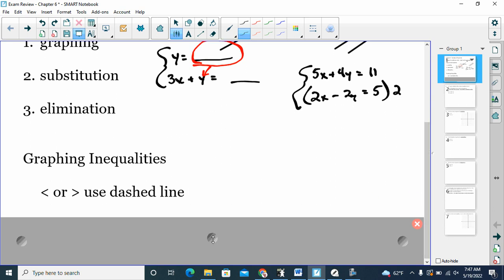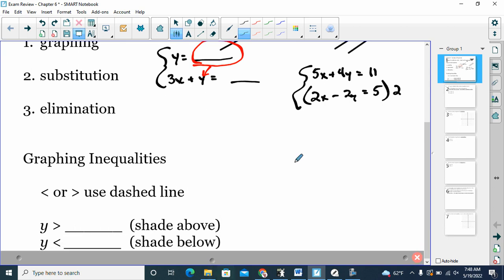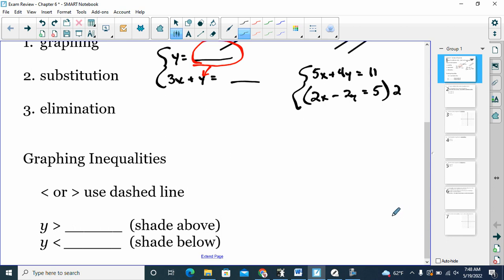And then we also need to figure out which way to shade. If it says y is greater than something, y is greater than the line, we want the y values above the line, we shade above. If it says y is less than something, that is when we shade below.